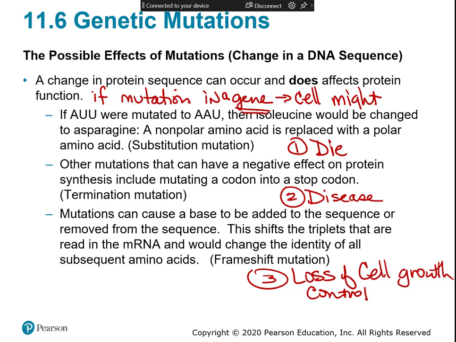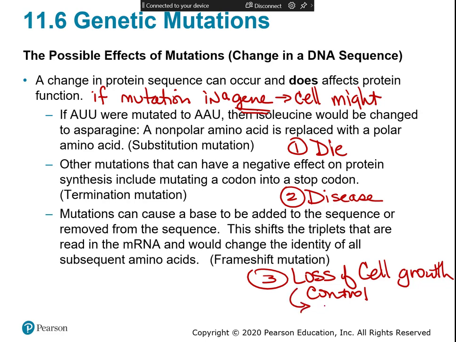But then you have cells like nerve cells. They don't divide. Cardiac muscle cells, they don't divide. But if you have a cell that lives in a certain place and has a certain job in your body, and you lose control over that cell growth, and that cell starts to grow faster than it should, what can that cause? Cancer.